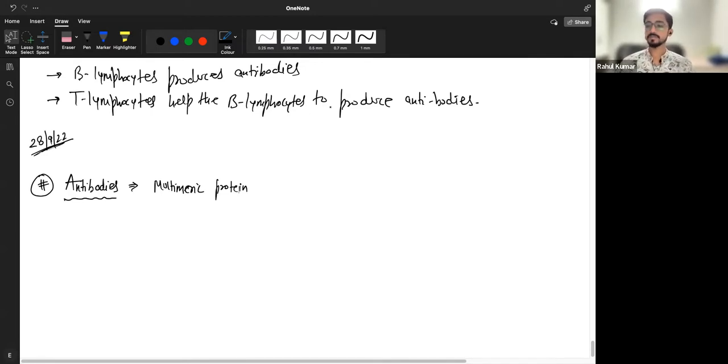So write down, I'll just dictate it to you. Antibodies are multimeric proteins produced by B lymphocytes to fight against the pathogens.